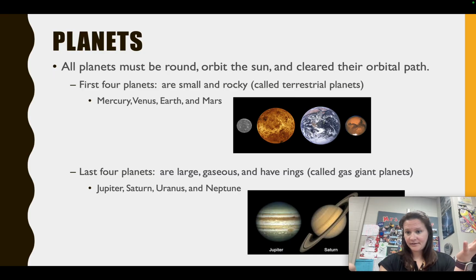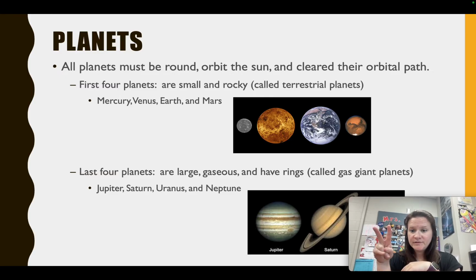We've cleared our path. Yes, there might be some asteroids that come towards us, but they're not in our orbit. It just may cross paths.